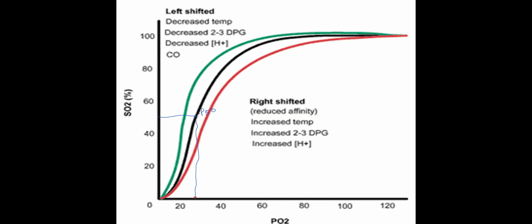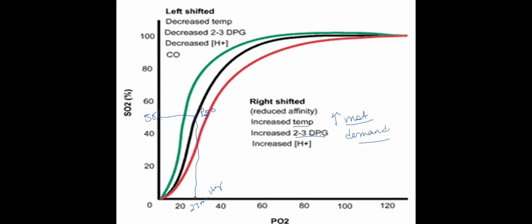Now, when somebody has a change in their system that increases metabolic demand, then that P50 is going to shift to the right. And what that means is the hemoglobin does not hold on to the oxygen as well. So it doesn't grab on to it as well, and it also releases it possibly prematurely. Situations that demonstrate an increase in metabolic demand would be an increase in temperature, an increase in 2,3-DPG.